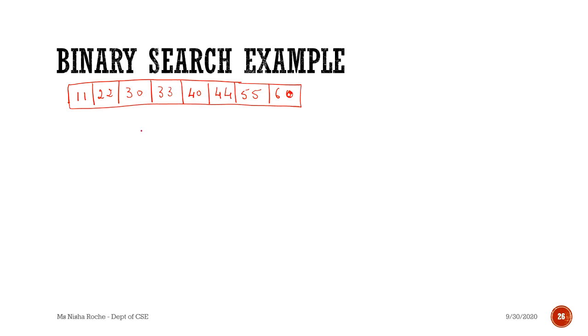These are the elements of the given array. The index value of this array is beginning at 0, 1, 2, 3, 4, 5, 6 and 7.